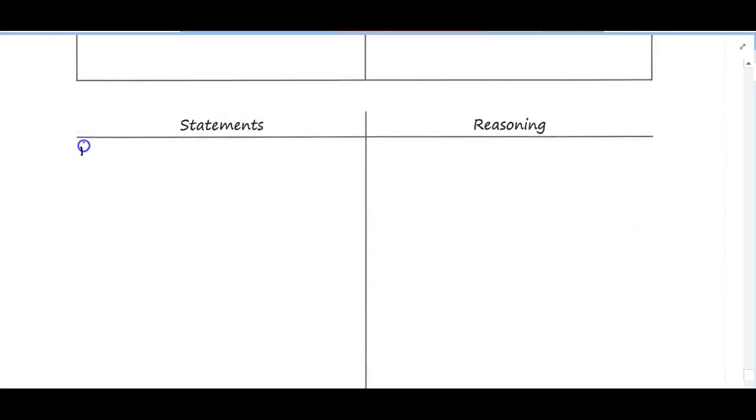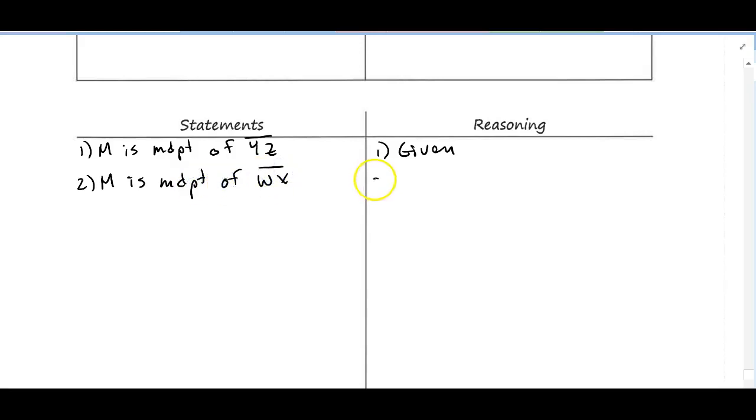So step one, I'm going to have that M is the midpoint of segment YZ. That's given. And then I'm going to put that M is the midpoint of WX.